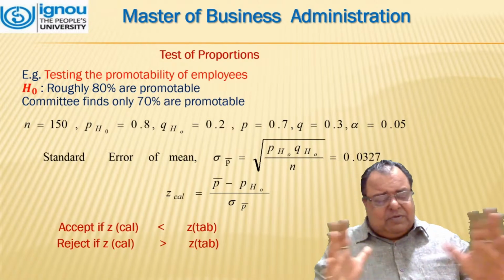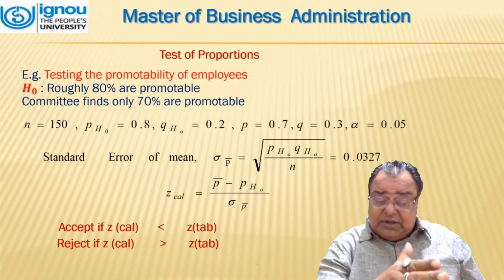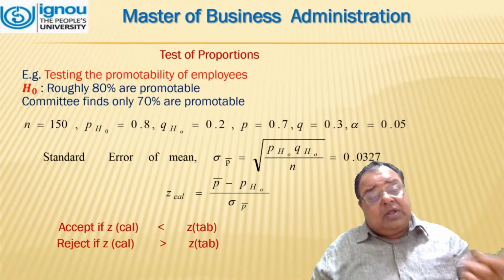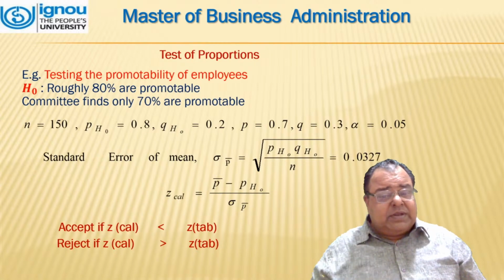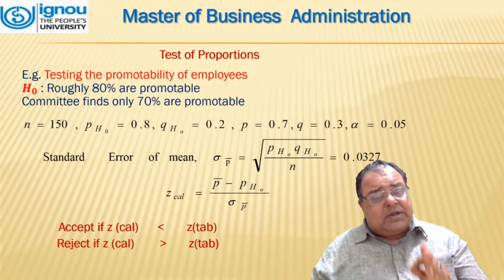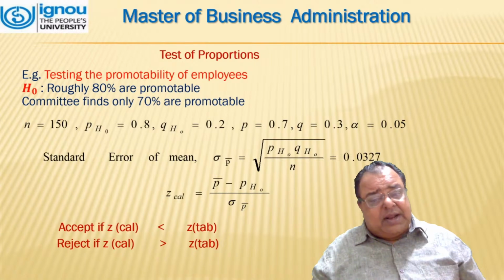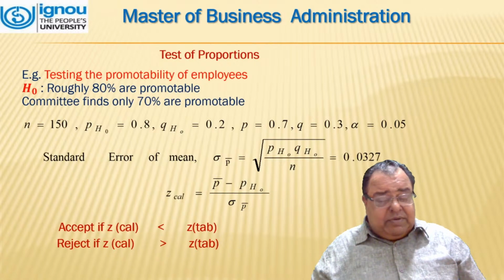N is 150, suppose there are 150 employees. P H naught is 80%, that is 0.8, and Q will be 1 minus P, which comes out to be 0.2. What is the proportion which can be promoted according to the committee? That is 0.7, then Q will be 0.3.